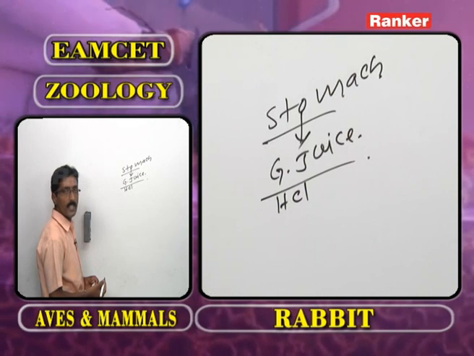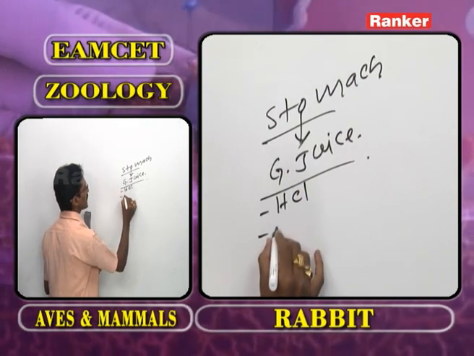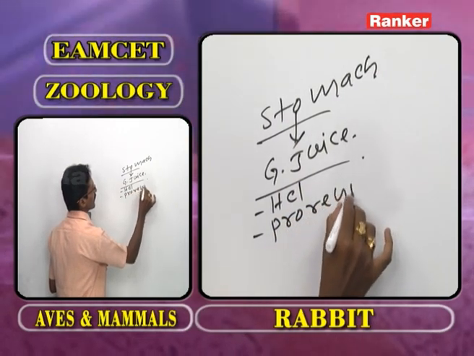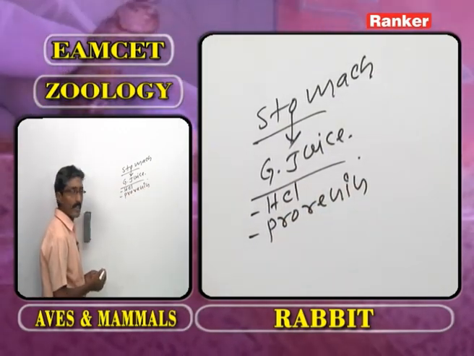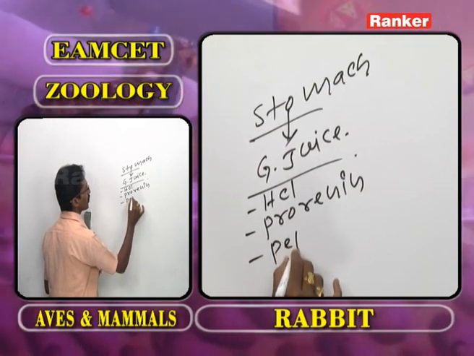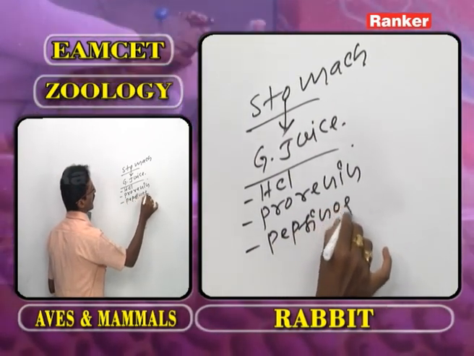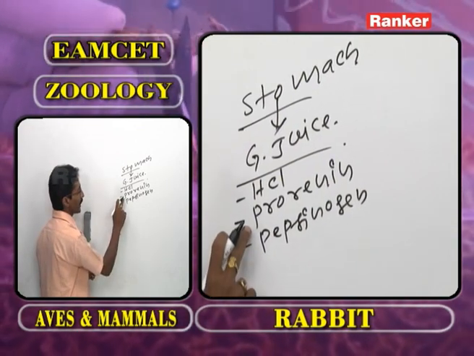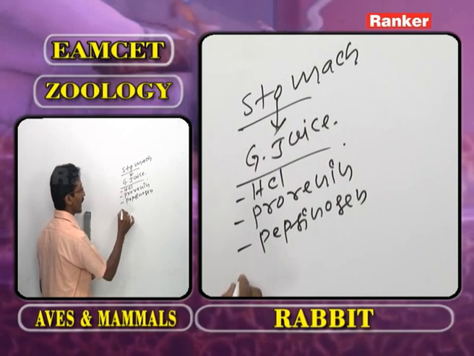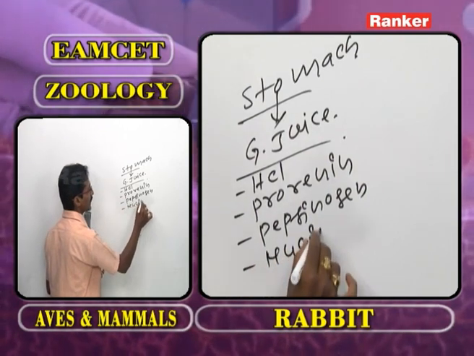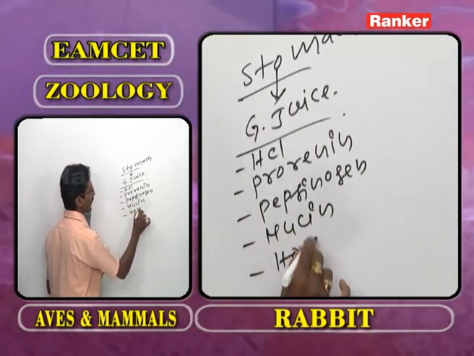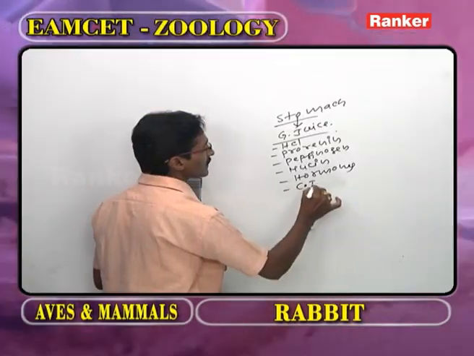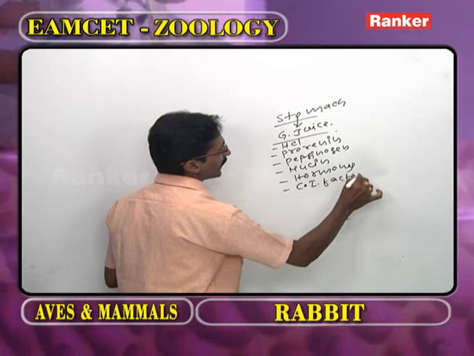One is HCl, the acid. The next is prorenin, the inactive form of renin, and pepsinogen, the inactive form of pepsin, a proenzyme. Then mucin, different hormones, and Castle's intrinsic factor.